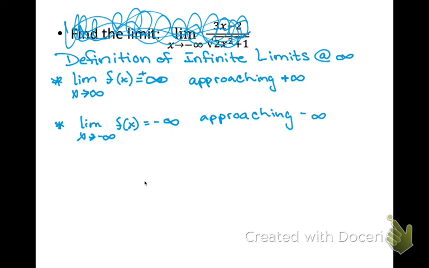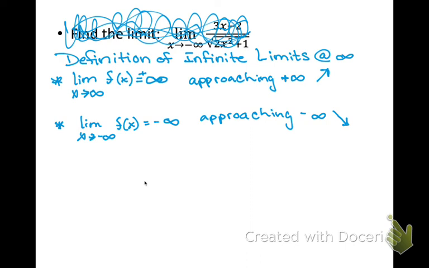So this one is going up and this one is going down. Actually, I should write it this way from left to right. I should be going down. Yes? Okay. So I just want to make sure that is a clear statement to you.